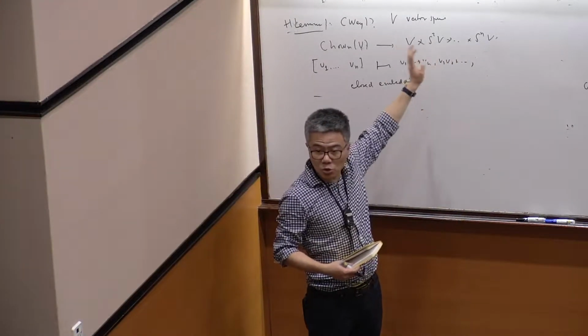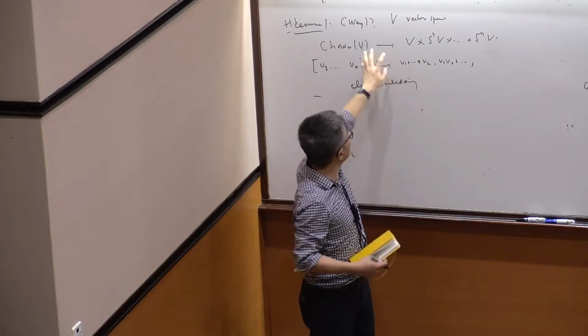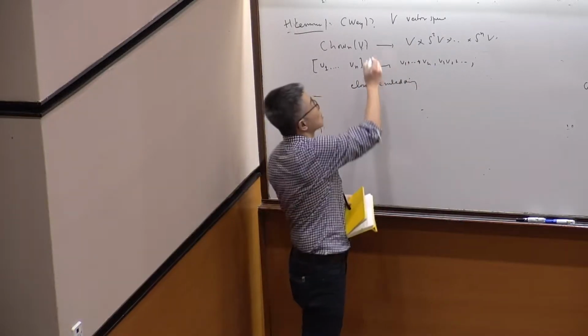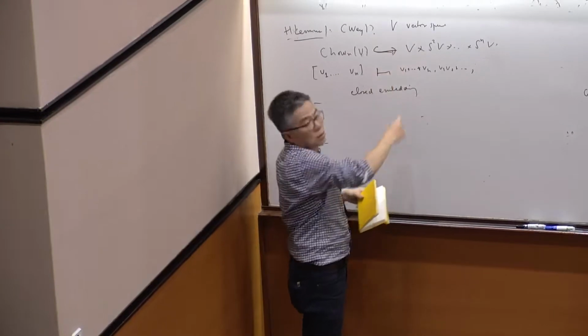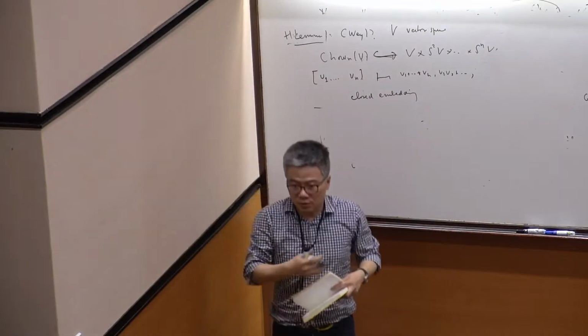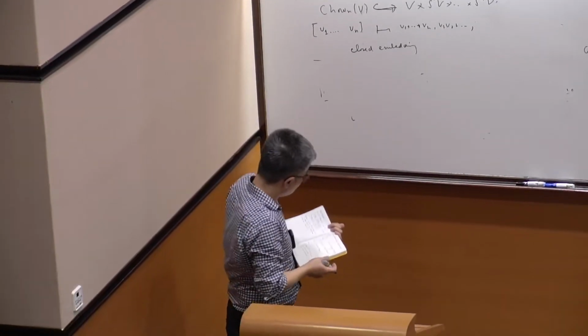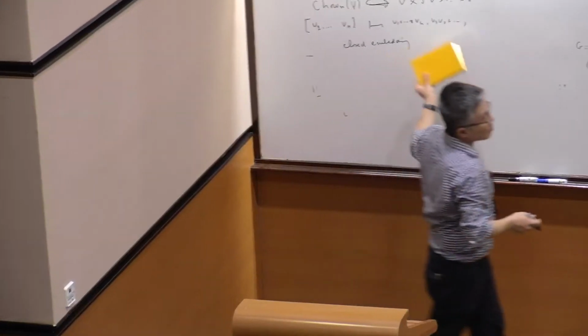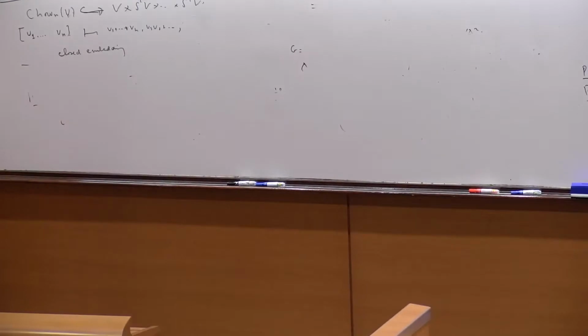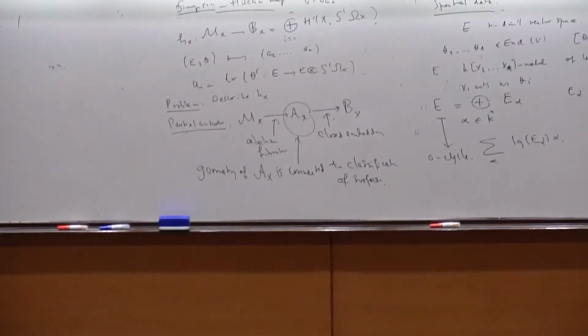The same is true in higher dimensions. It's no longer an isomorphism, but it's a closed embedding. You can write out the proof; it's quite interesting. So this lemma proves that this is actually a closed embedding.